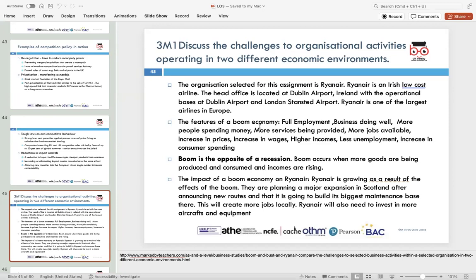Higher incomes, a decrease in unemployment, and an increase in consumer spending are hallmarks of a boom economy. A boom is the opposite of a recession. In a boom, there is an increase in the amount of things that are created and consumed, as well as an increase in revenues.